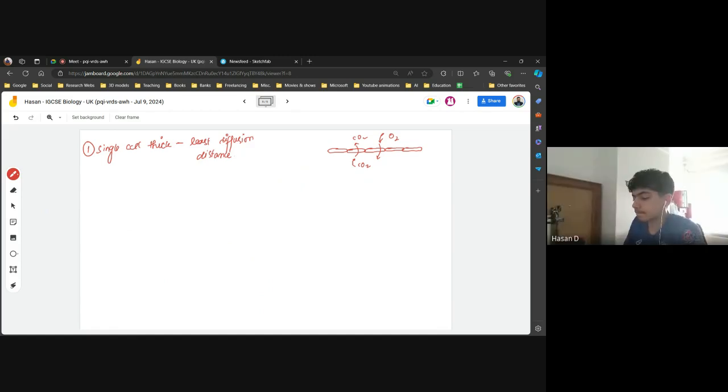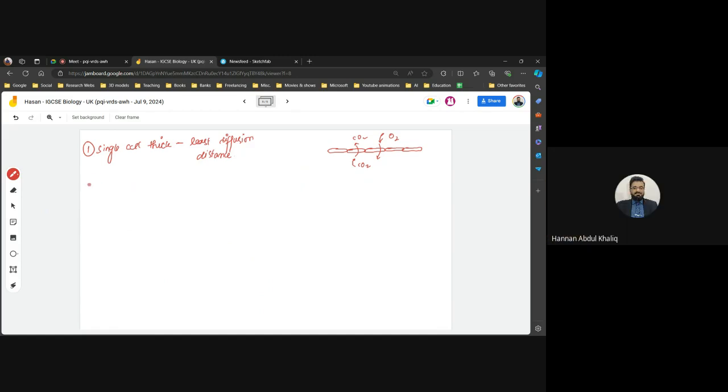Yep, it's clear. Second, for efficient diffusion, there must be a very large surface area. What does it mean?